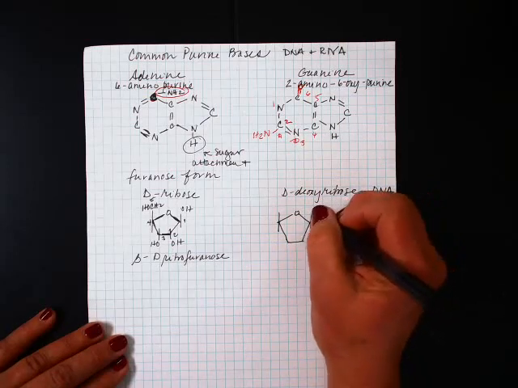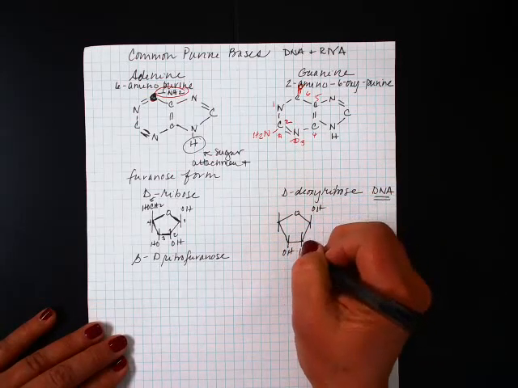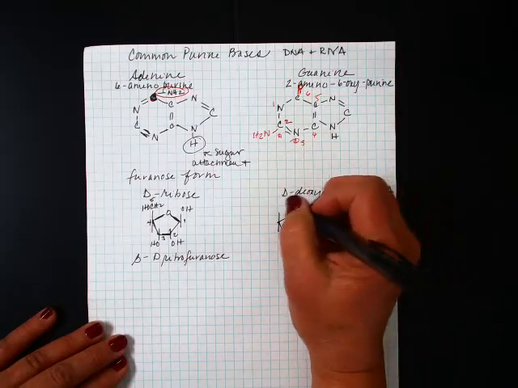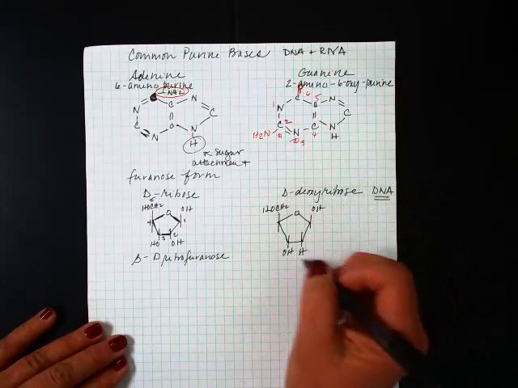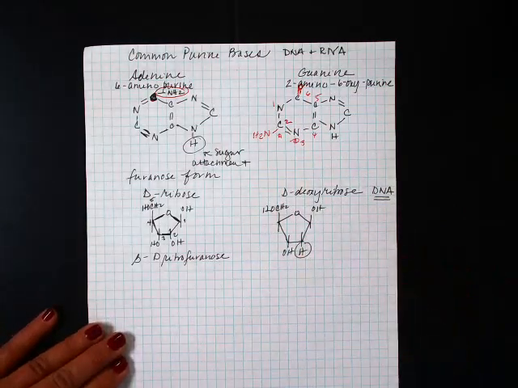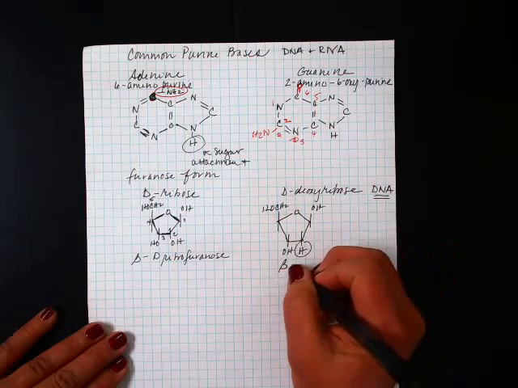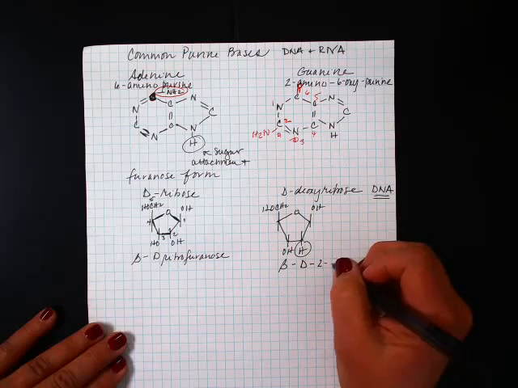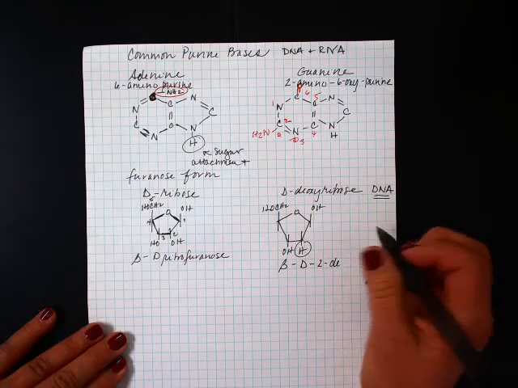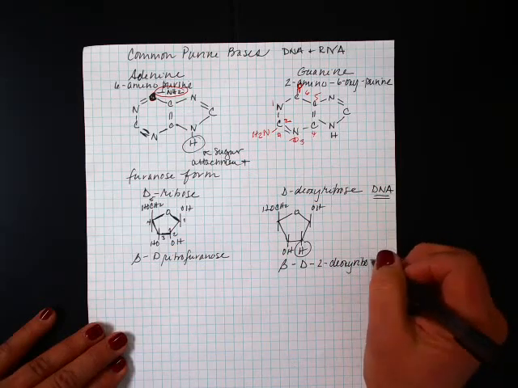So hydroxyl here, but we only have a hydrogen in that 2 position. So this is beta-D 2-deoxyribofuranose. Squeeze that in there.